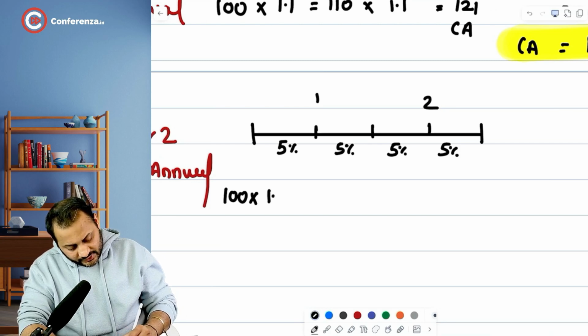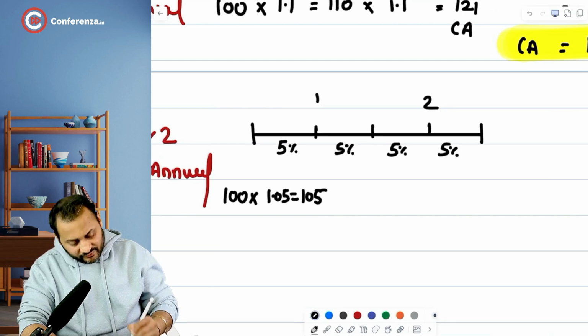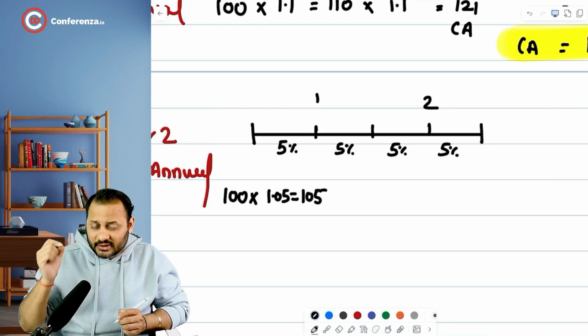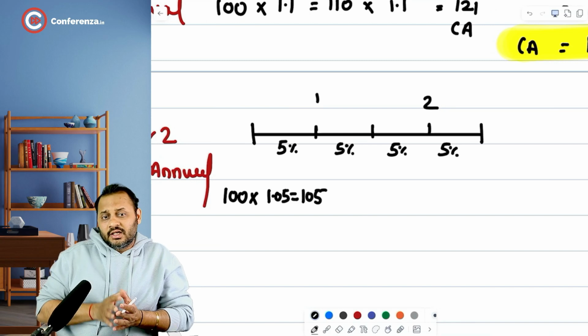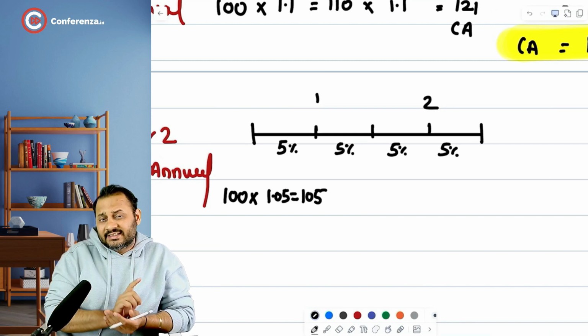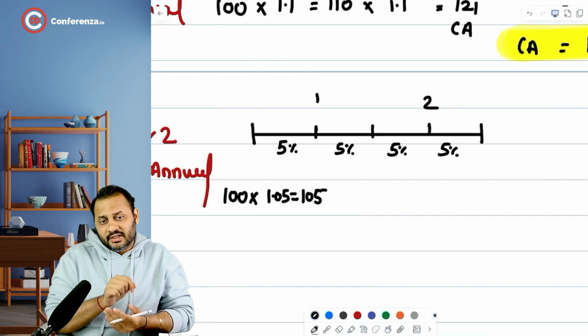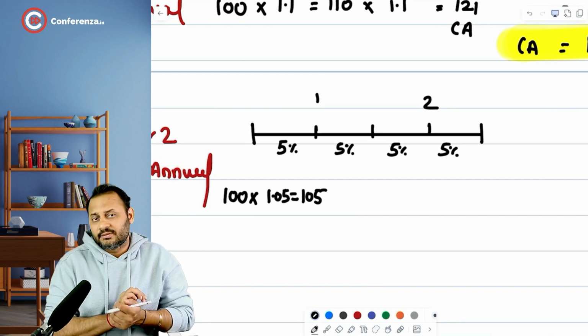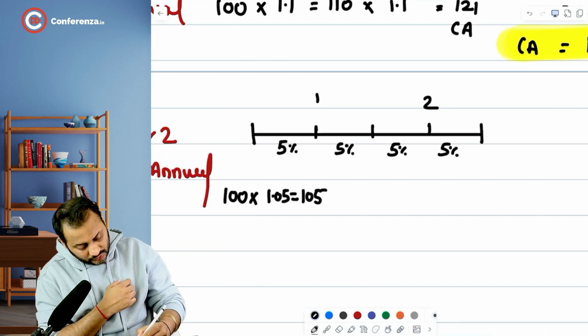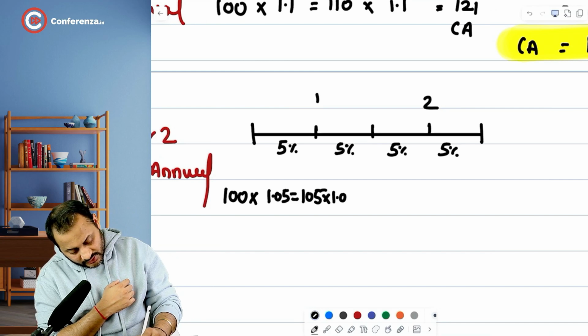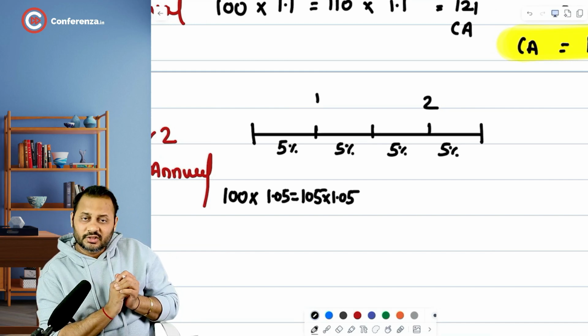On 100 rupees first, you will earn 1.05. That will give you 105 rupees at the end of the first 6 months. But after that, for the next 6 months, the bank is using your 105 rupees, right? So you will again earn 1.05 on this.